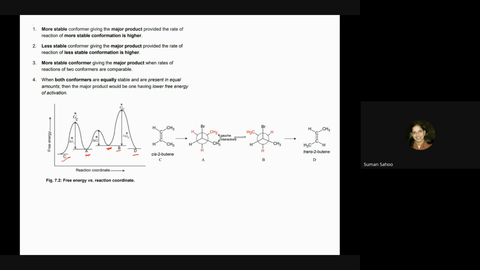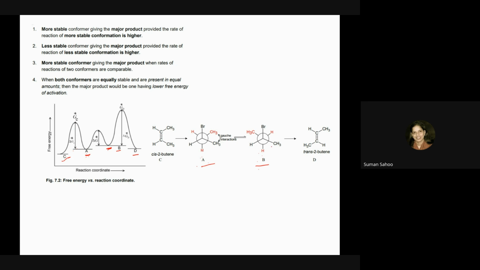For example, here we have butyl bromide going to cis-2-butene formation or trans-2-butene formation. In this case, it can have two different conformations.